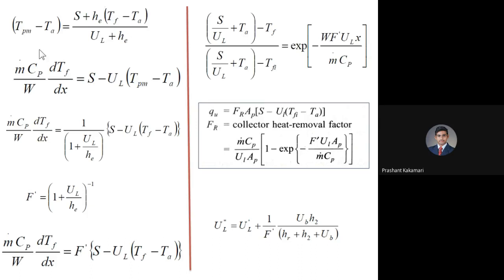Then divided by UL, the overall heat loss coefficient at the top, because until now we have not considered the bottom losses. Then UL plus HE we can write here like this.